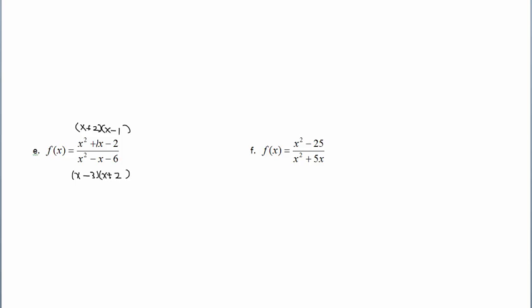Notice the common factor of x plus 2. If we have a common factor, then we have a hole. And the hole will occur at the x value of the 0. So if you were to set this common factor equal to 0, you're going to get a hole at the x value of negative 2.